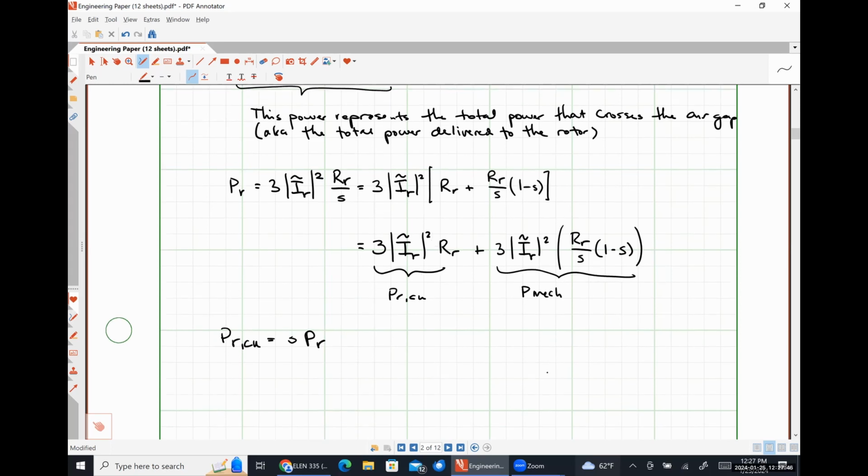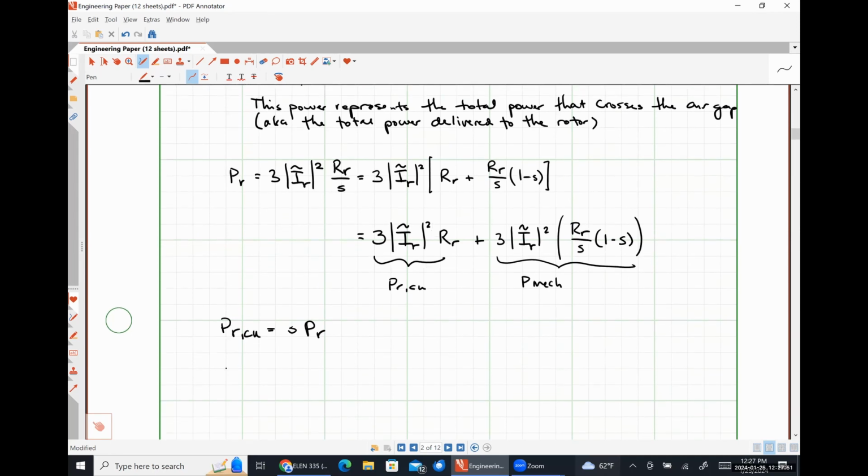If we multiply our total rotor power by a factor of 1 minus S, we get our mechanical power, right? So if we know what our total rotor power is, very, very quickly we can determine what our losses are and what our mechanical output power is, just as a function of slip, with really no need for any other piece of information.